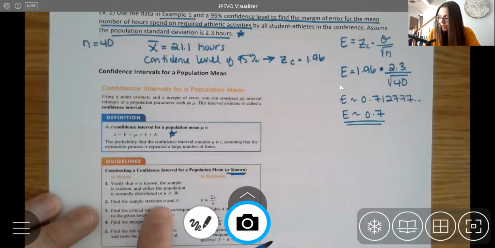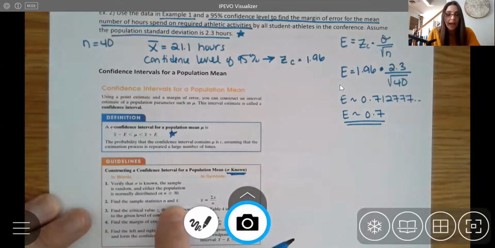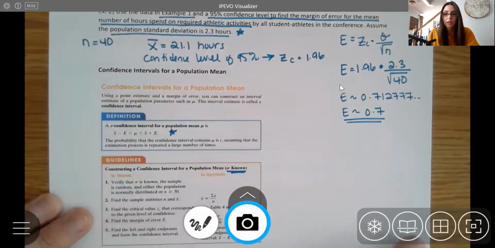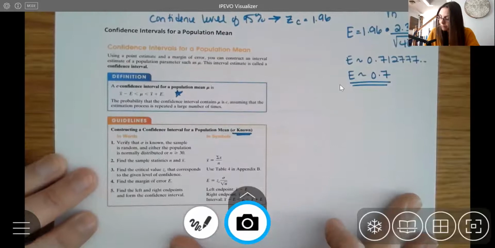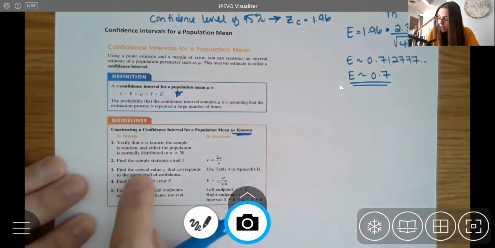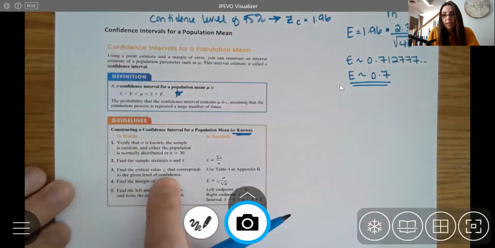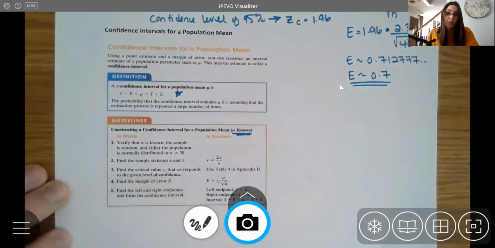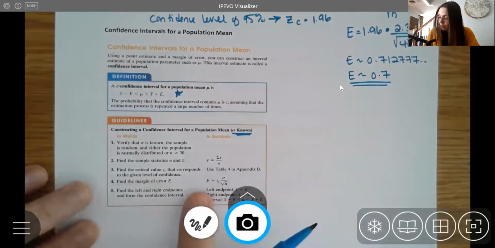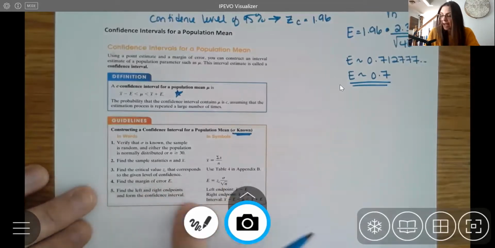You need to find your n and your sample mean if you haven't yet, like we did in example 1. Then you find that critical Z value. We went through the process for the 90%, the 95%, and I gave you the 99%. Those tend to be the three most common, although you may see other examples too. At this point, we found the error, and now we're ready to add or subtract to get the interval.